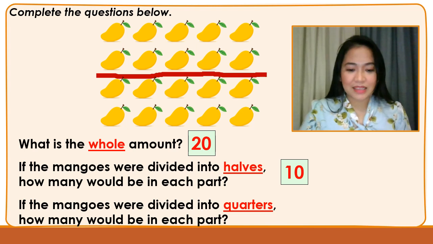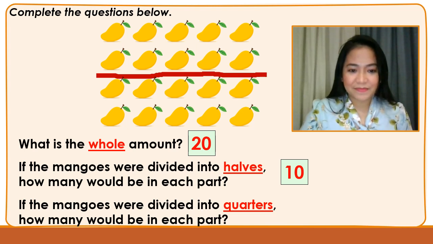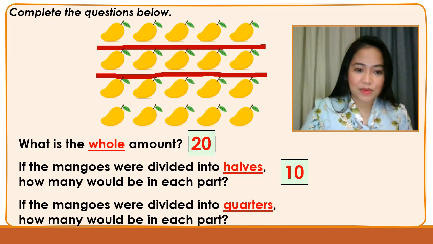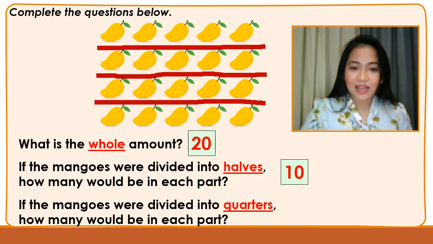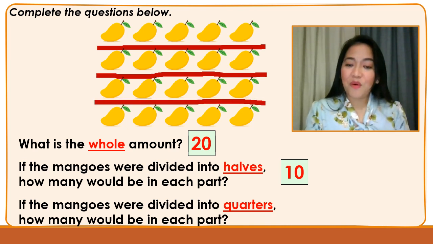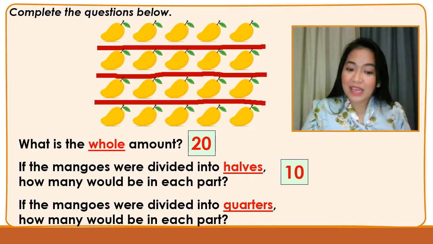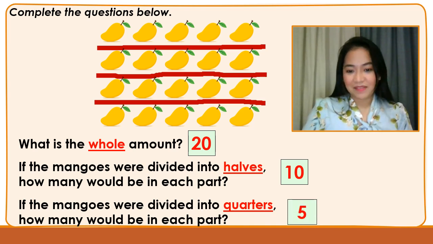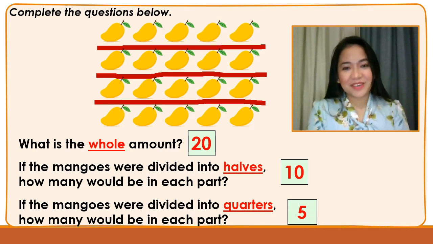Let us do that. There you go. We now have 4 equal groups or quarters. And again, you are correct. A quarter of 20 is 5. Well done, children.